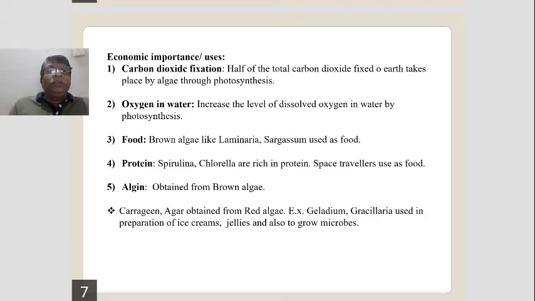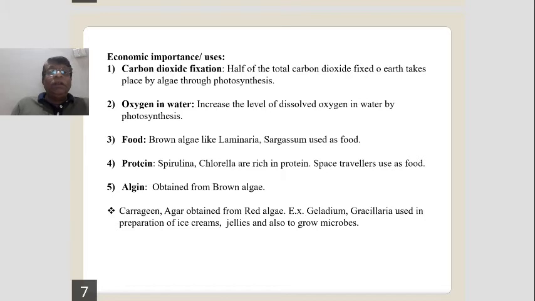You know that during photosynthesis, atmospheric carbon dioxide is fixed in the plants and food is manufactured. If we consider this point, half of the total carbon dioxide fixed on this earth takes place by algae only.